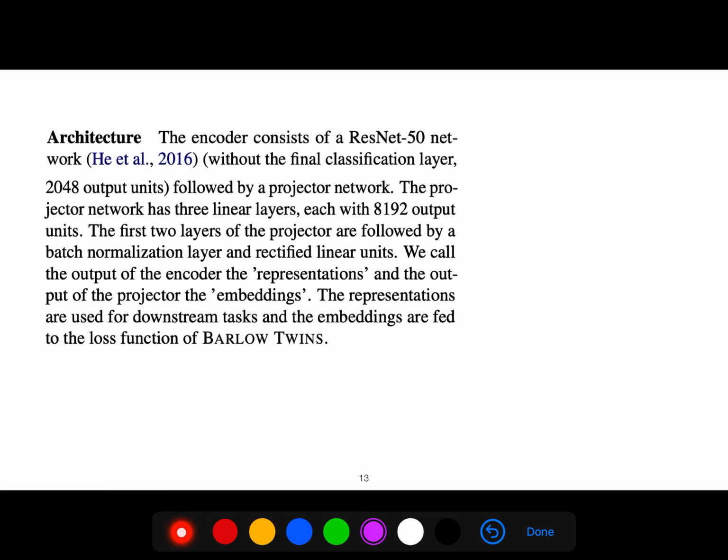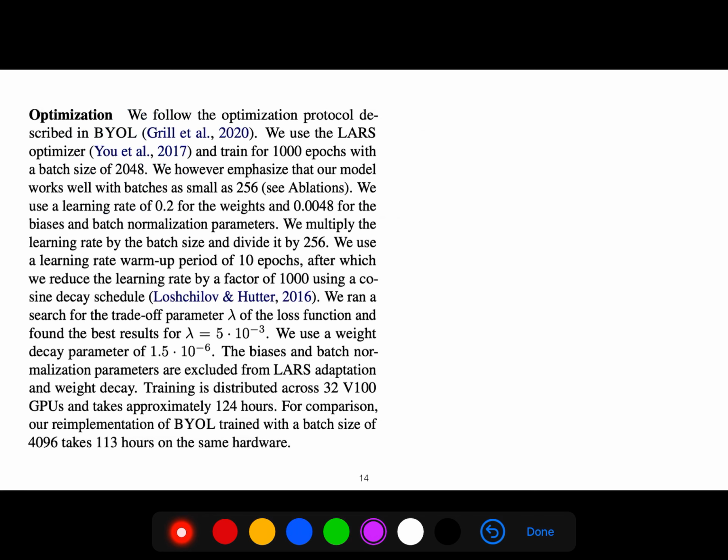The encoder consists of a ResNet-50 network, and the projector has 3 linear layers, each with 8,000 output units, because they promote higher dimensions in this Barlow Twins paradigm for some theoretical reasons.